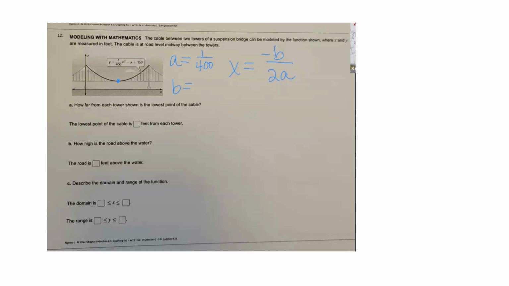Yeah, so b equals -1. So to plug that in, we're going to go opposite of b. So b is 1 over 2 times 1 over 400, which is 2 over 400. Remember, when you put this in your calculator, you want to put 2 over 400 in parentheses.